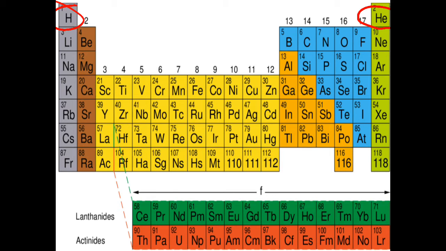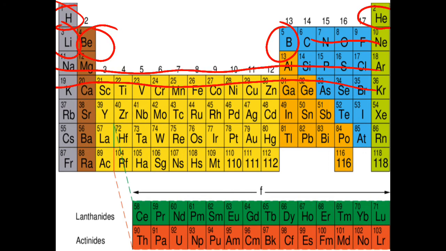Yes, helium is a noble gas having atomic number 2. Now we see the number is gradually increasing, 5, 6, as we are moving along the rows. So atomic number is the unique property on which the periodic table is made and classified.